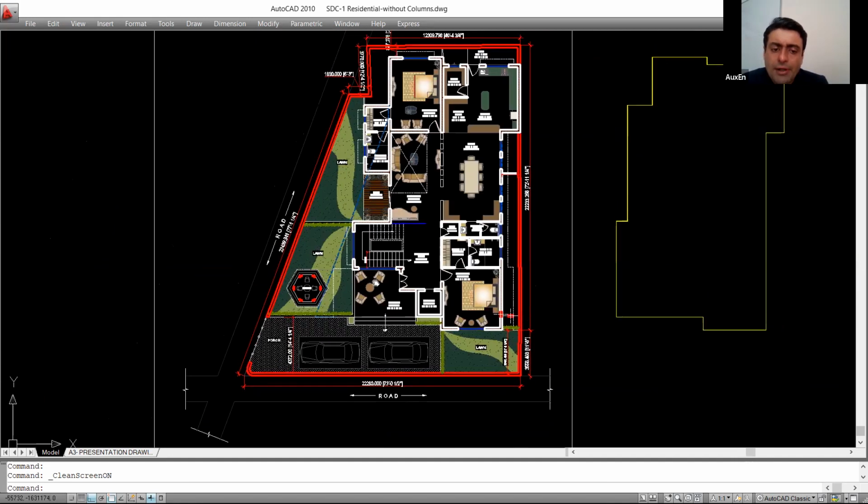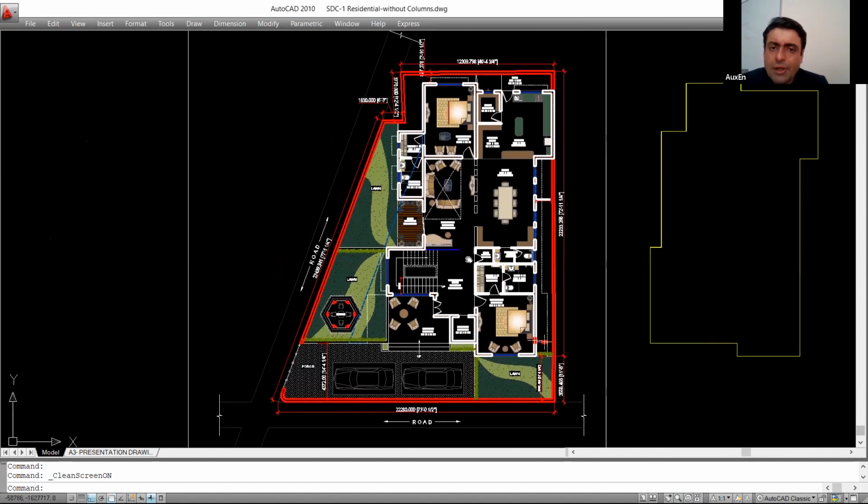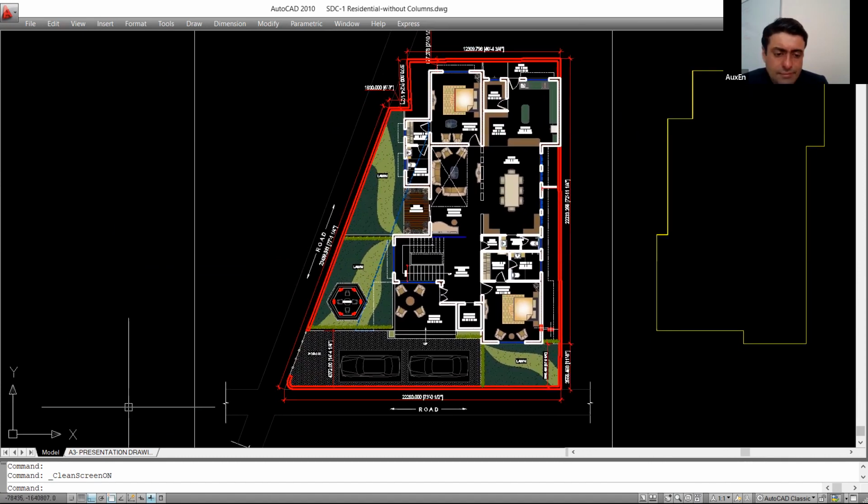So this is the plot. Is this AutoCAD drawing visible? Yes. What I will do is, just wait. I will send this drawing in the group so that we can look at it together. I am going to stop the sharing and put this drawing on the group so that all of us can have a look at it simultaneously.